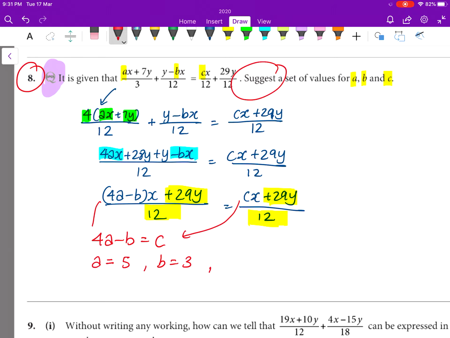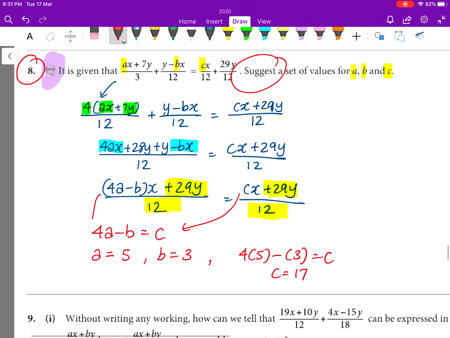Then what will c be? 4 times 5 minus 3 equals to c, so c equals 17. Alright, this is just a set of values of a, b and c.